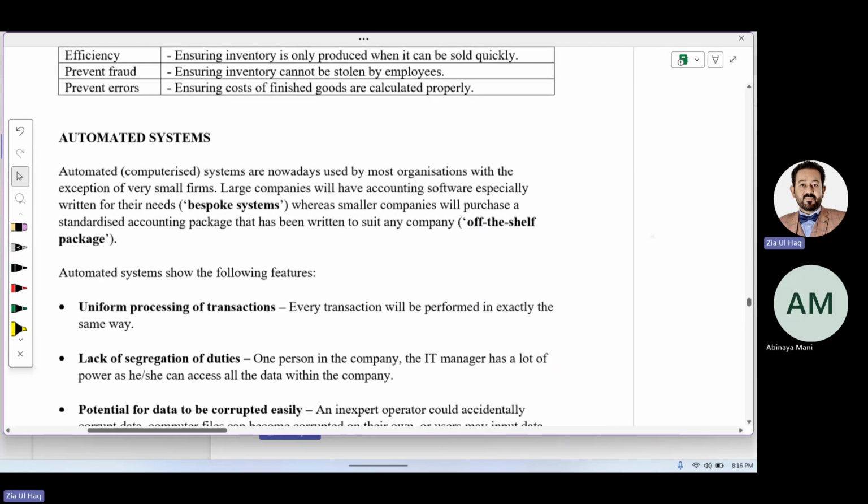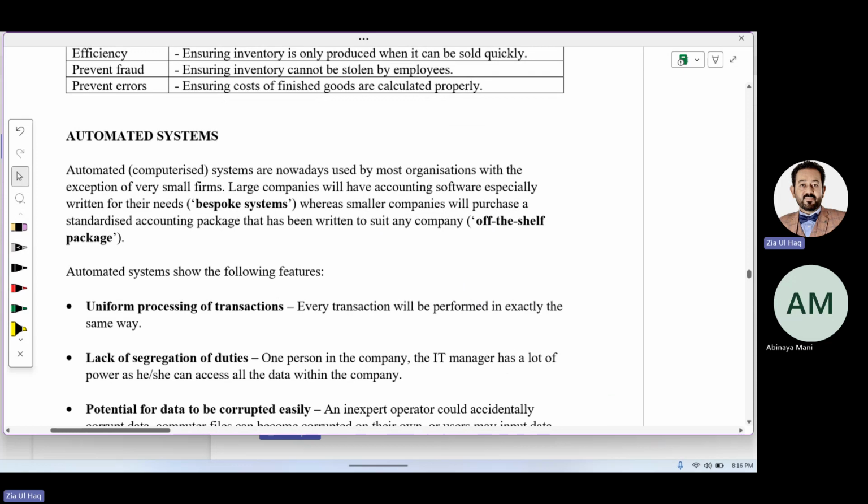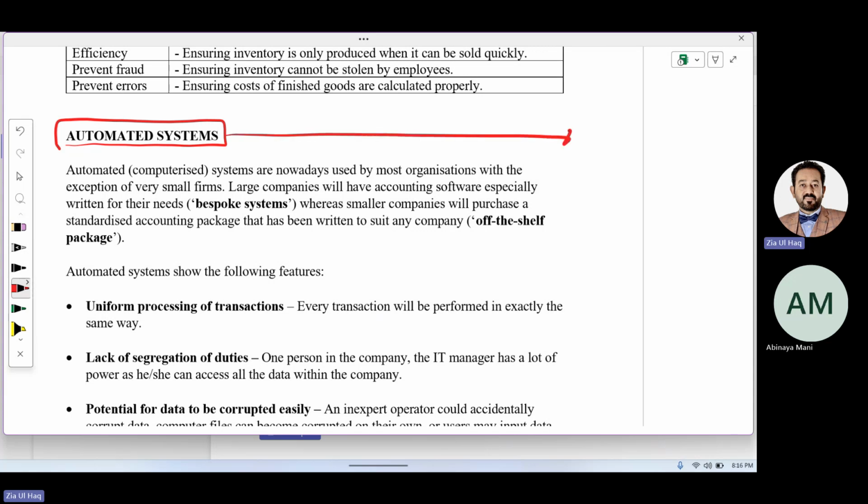To keep records, a company uses either a manual system or an automated, meaning computerized, system. Meaning in the accounting department, either the company keeps manual accounts or the company keeps records in a computerized system. The computerized systems are of two types.